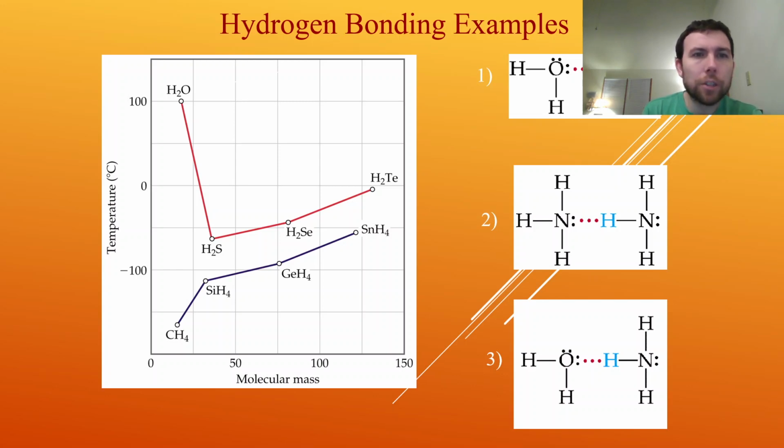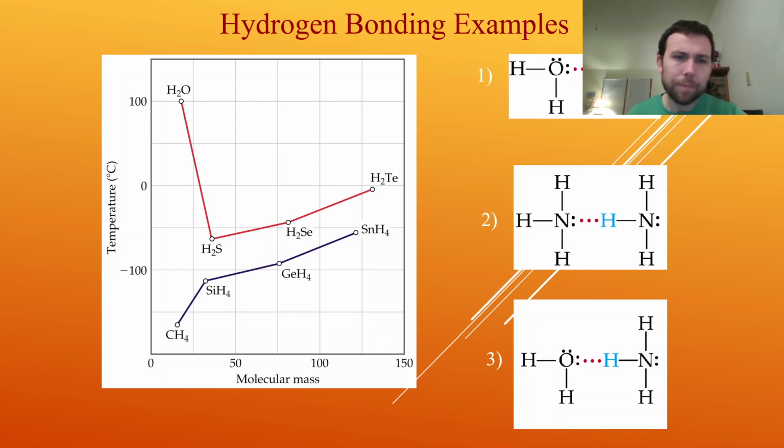Now, when you look at other compounds in that same group as oxygen, like H2S, H2Se, and H2Te, notice that there is a very big difference. We've got temperatures where they convert into a gas that are less than 0 degrees Celsius. And the reason for that is because of the hydrogen bonding within water.